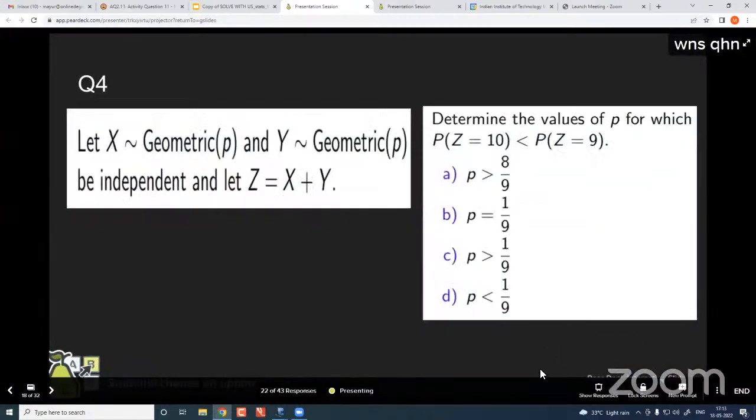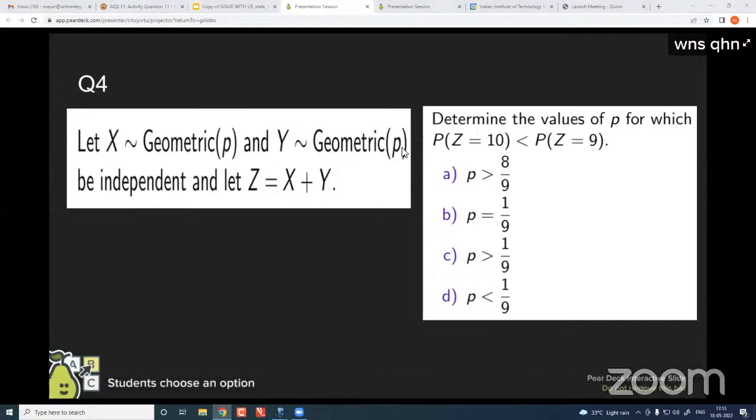Being an inequality, it is a tricky one, sir.